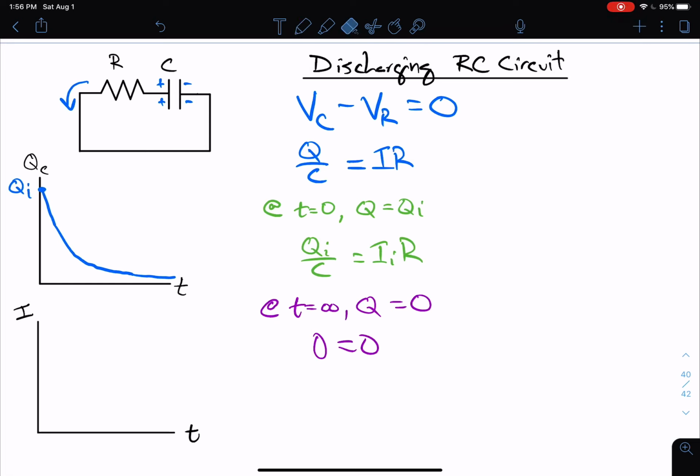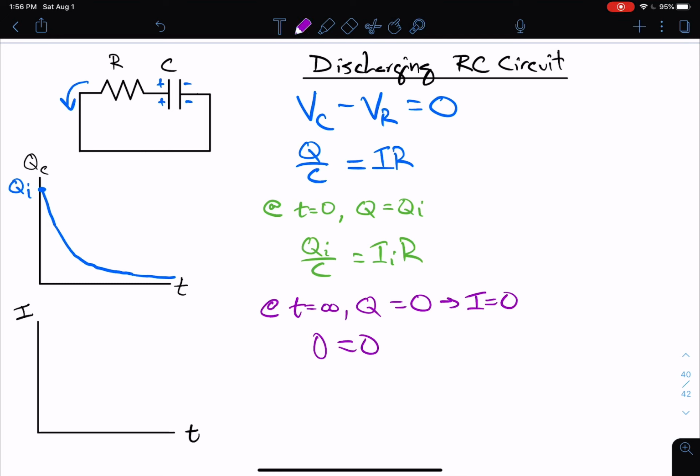So this implies that the current is 0 after an infinite amount of time has passed. So notice that our current starts out high because the charge is high, but then the charge goes to 0, so does the current.